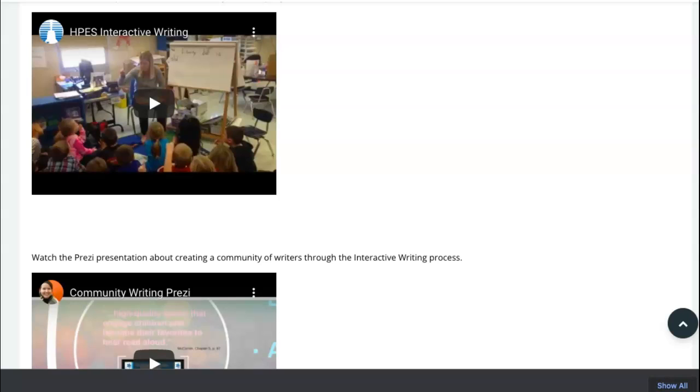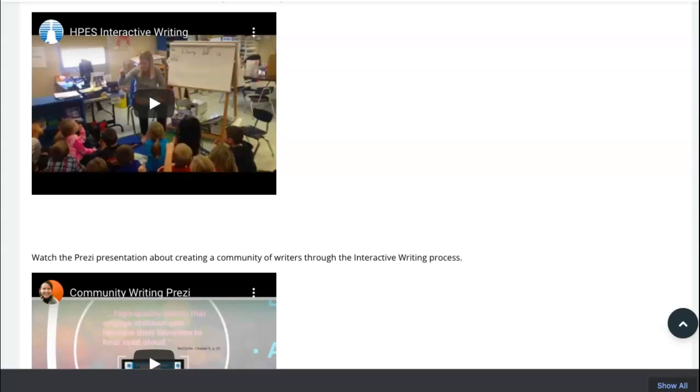There are some misunderstandings out there about interactive writing. One misunderstanding is that every child must have a turn every day. Another misunderstanding is that the children are called up in alphabetical order, or you're drawing their names from a can, their names are written on a popsicle stick and you pull it out of the can.